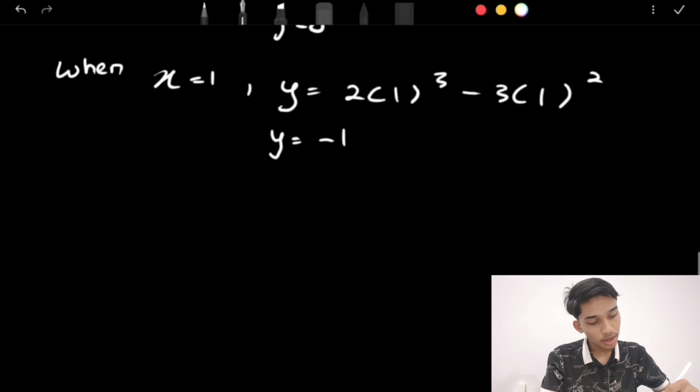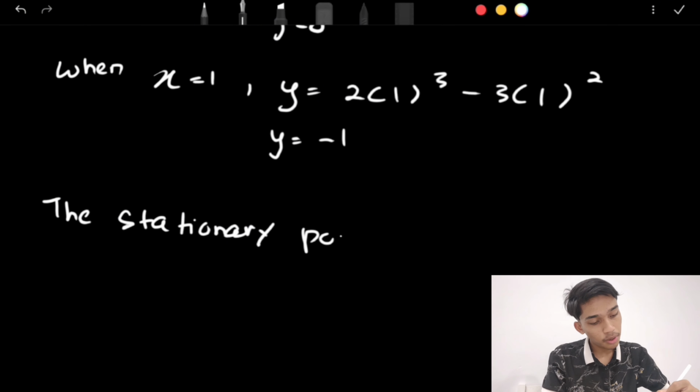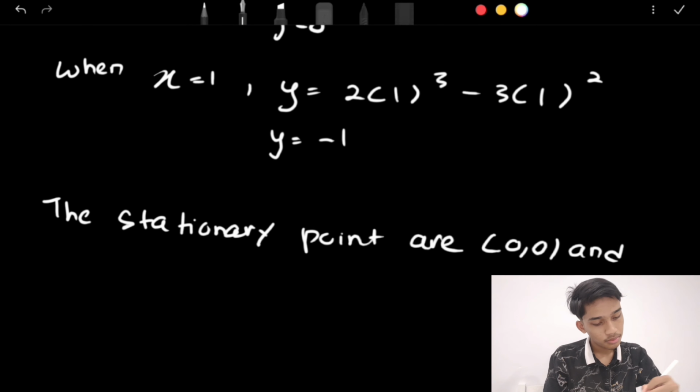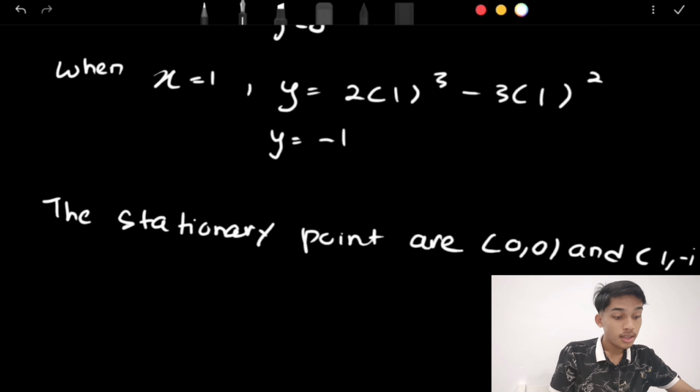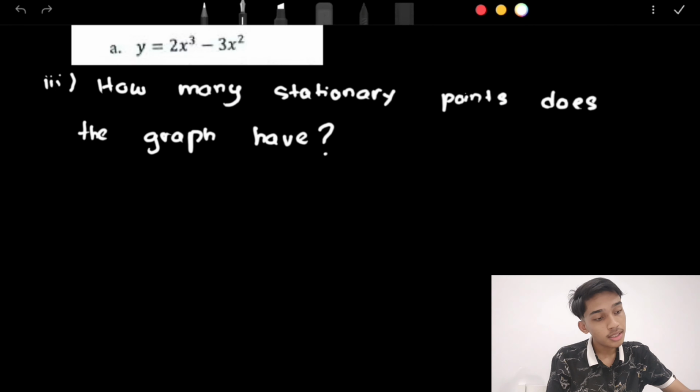Then we get y equals negative 1. The stationary points are (0, 0) and (1, negative 1). Third, the answer for how many stationary points the graph has is 2.